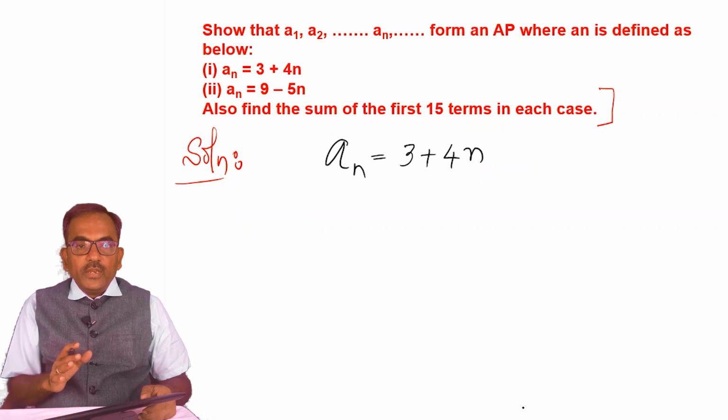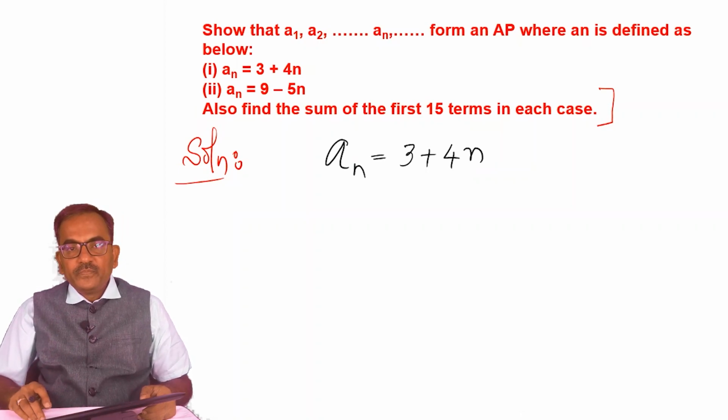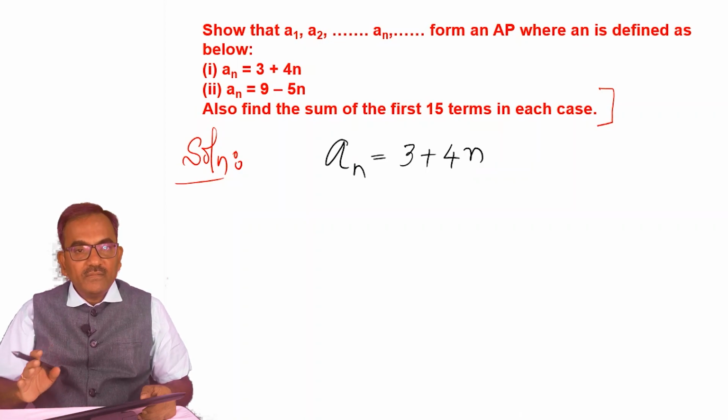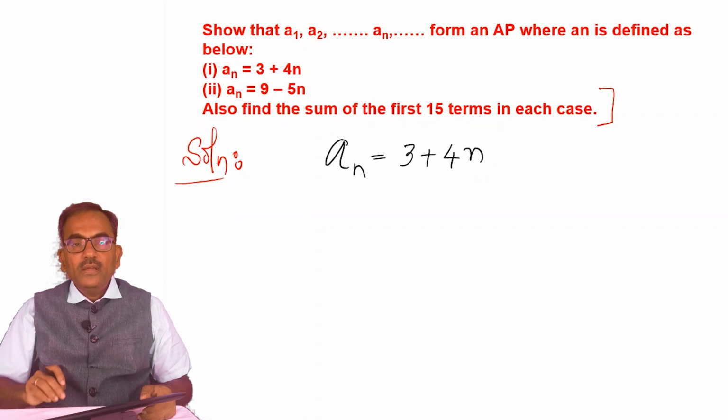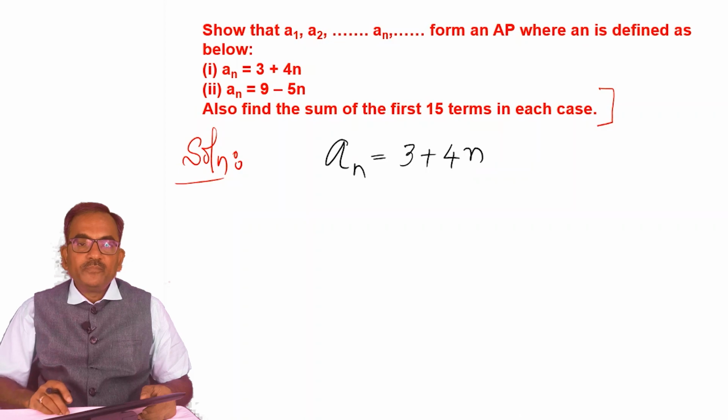Now in order to continue with the problem, we use the formula Sn is equal to n by 2 times 2a plus n minus 1 into d, where a, n, d are given with a given AP.